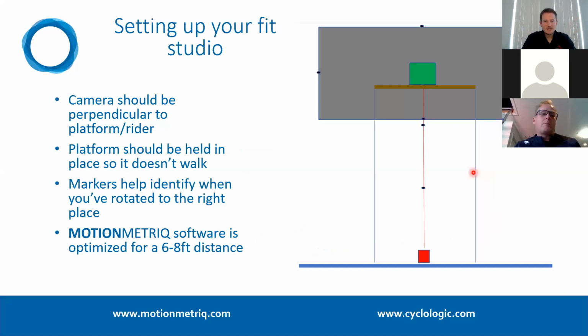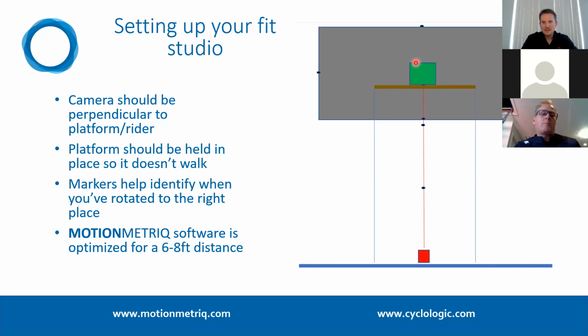So setting up your fit studio, we touched on this a little bit earlier with respect to trying to keep everything square and horizontal and perpendicular. That's the word. Thank you. So this is a little diagram of how we set up our fit studio. This blue line at the bottom is the wall, the red is the camera.